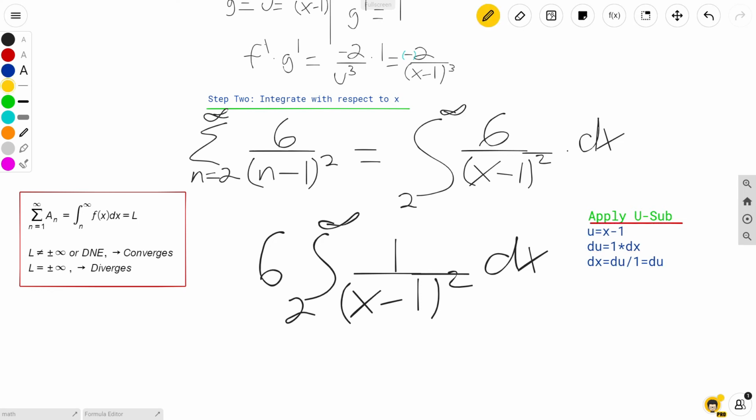So now that we have these terms, we're going to substitute it back into the integral.